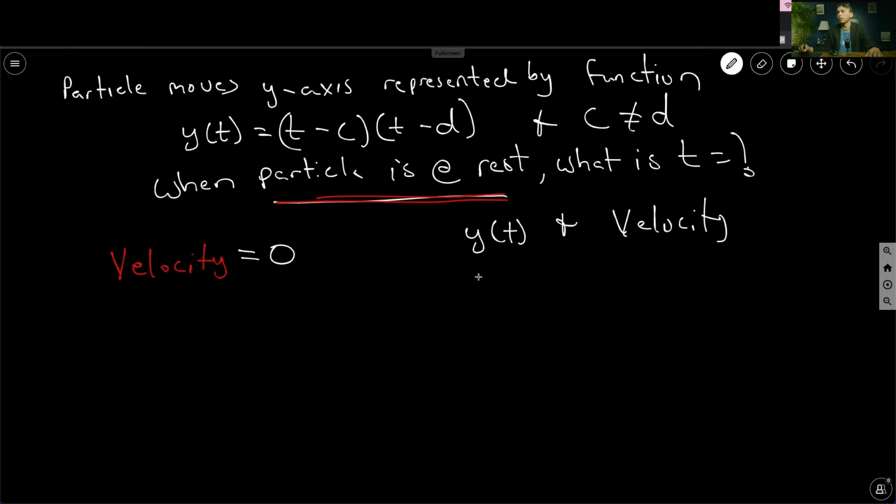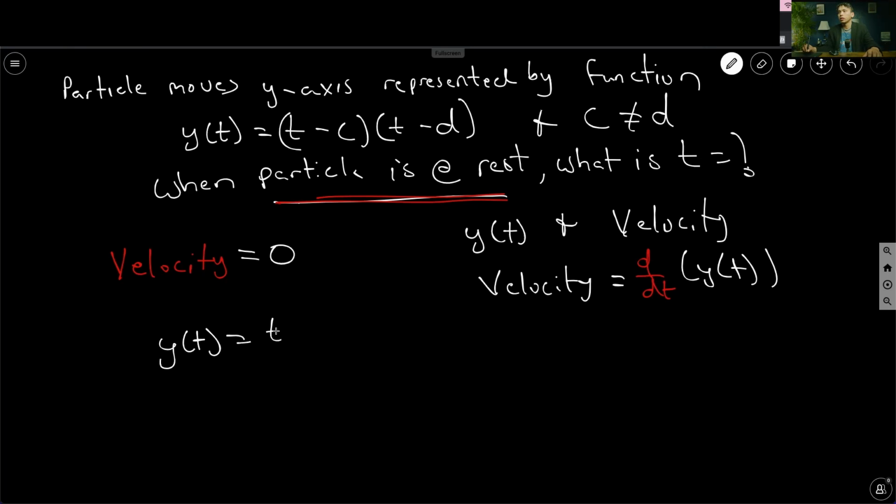Mainly that the velocity is equal to the derivative of the position function. So with that, we first need to find the first derivative of our function.